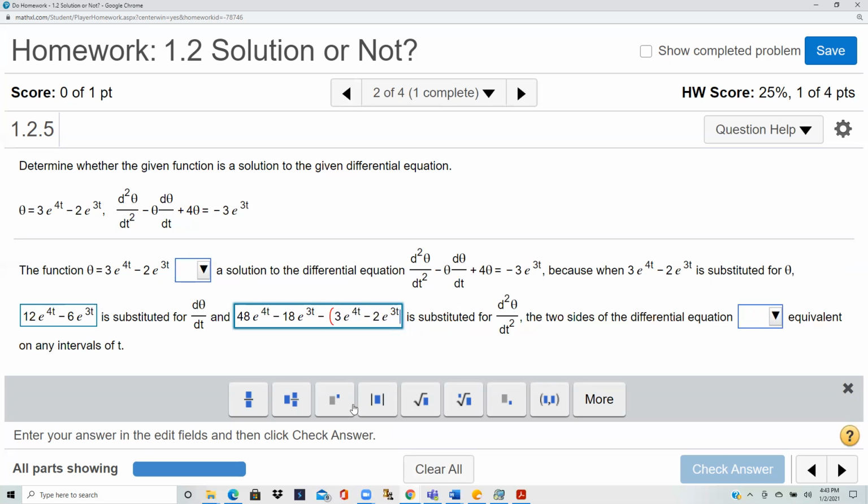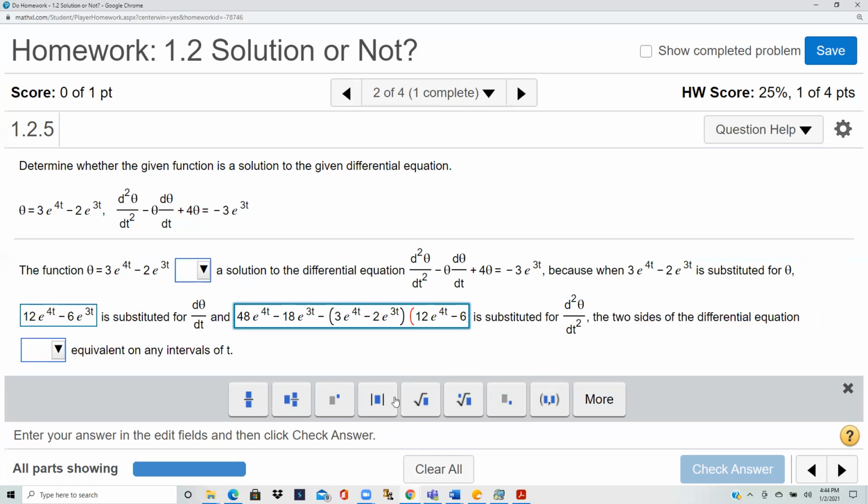So that's theta, and you are multiplying it with d theta by dt. And d theta by dt is this expression, 12e^4t minus 6e^3t.